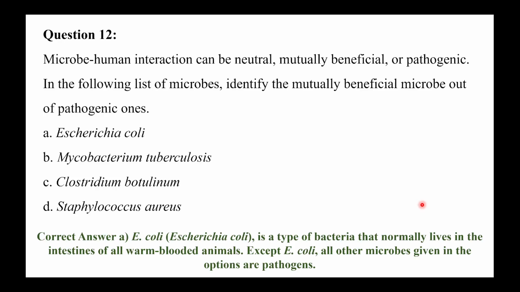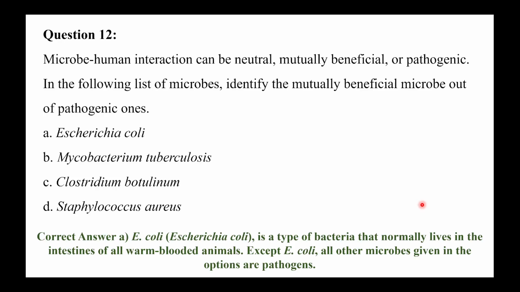So what do we mean by a mutually beneficial microbe? Mutually beneficial means the bacteria and the humans both benefit from each other. So how is the bacteria benefited? It gets a place to live, residing in the intestine and thriving on the nutrients present there.